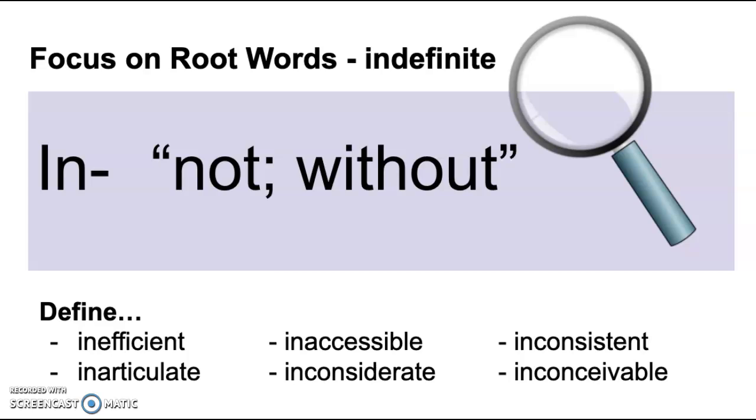If something is inconsistent, it's not predictable, right? It's not consistent. If a person is inarticulate, they're not very articulate. They don't express themselves well in words. If a person's inconsiderate, then they aren't considerate of other people, maybe their feelings, maybe what they want to do. And if something's inconceivable, it means that it is so not conceivable, we so cannot understand it.